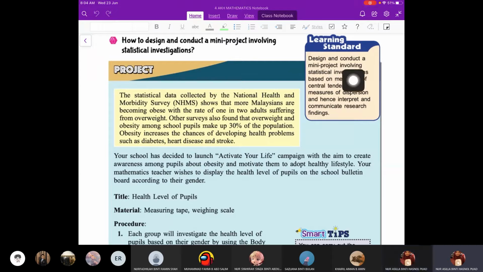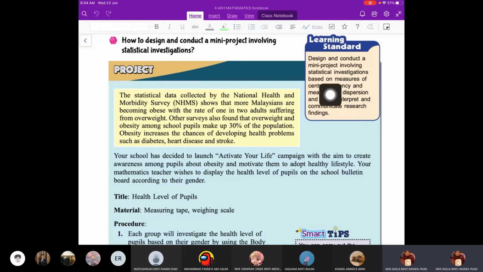mini one, involving statistical investigation based on measures of central tendency and measures of dispersion. So kamu ada dua. One is measures of central tendency, the other is measures of dispersion.